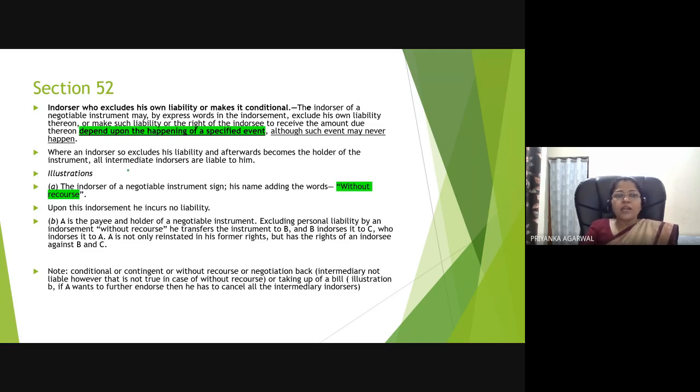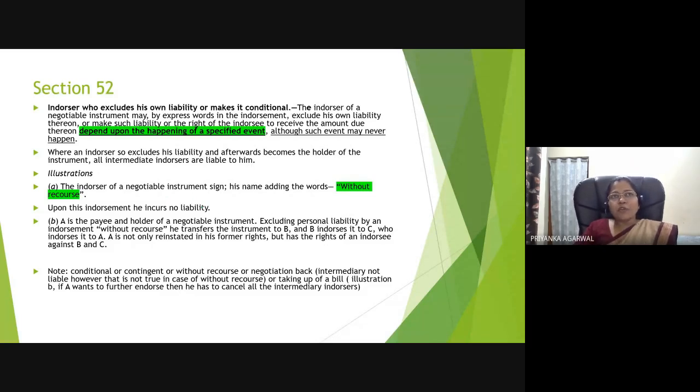Now, the illustration is where the endorser of a negotiable instrument signs his name adding the words 'without recourse'. When he mentions without recourse, that means he is not liable if that instrument is dishonored.